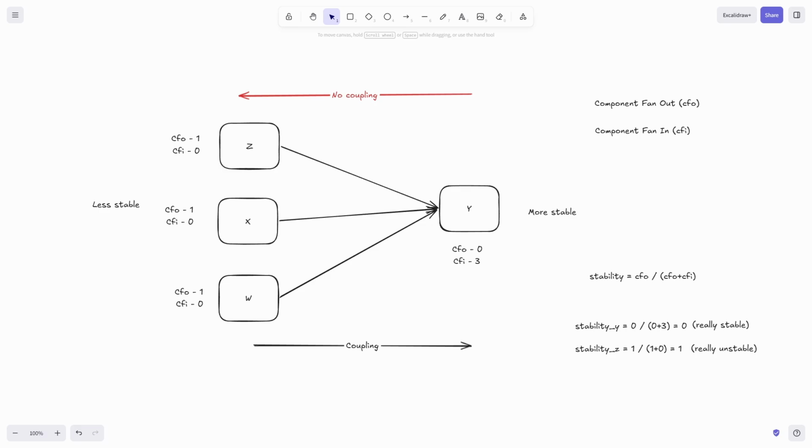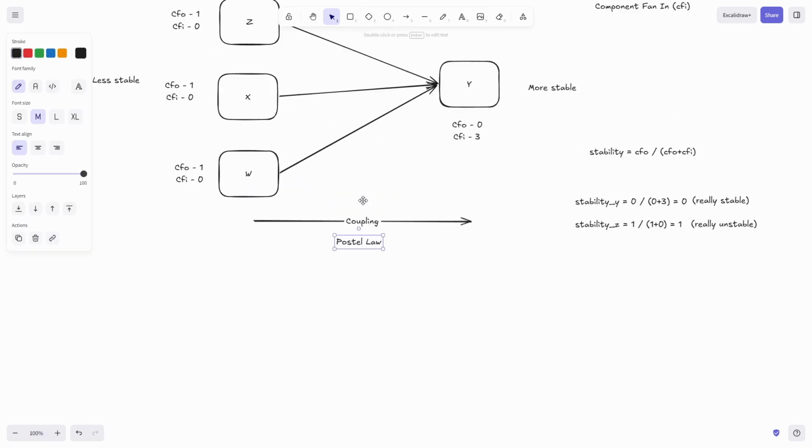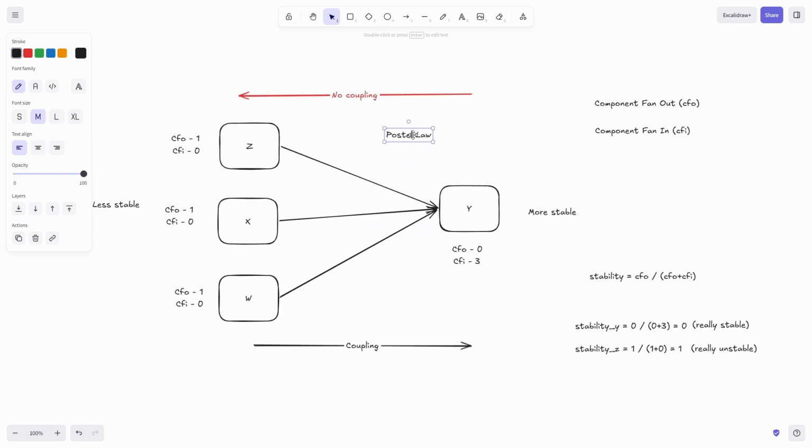There's something I would like to go over. There are a couple of what I don't want to call laws, but I think we generally call them laws. There's a law called Postel's law, which pretty much means that you should be conservative in what you do, but liberal in what you accept. This, of course, is not political, but rather system-wide.